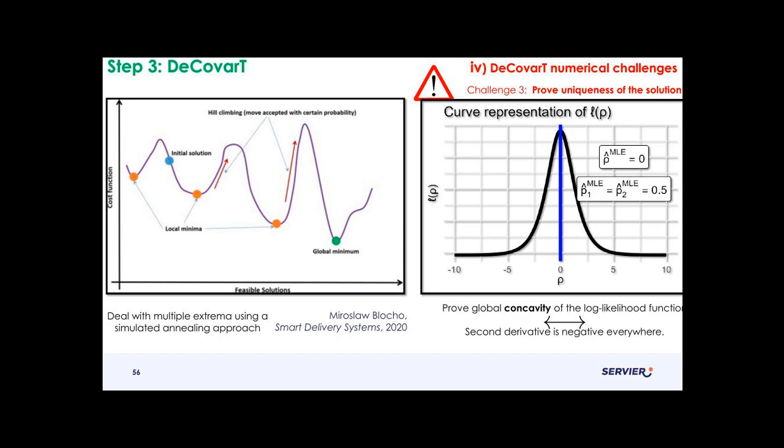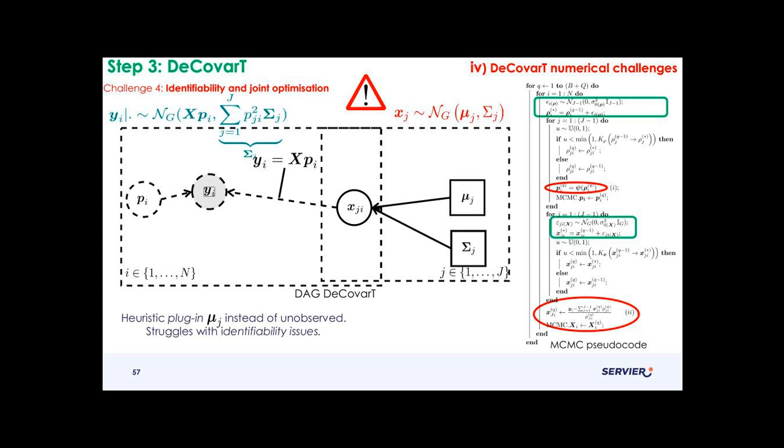Fourth challenge. The fourth challenge, which I quite overlooked at first and then realized is truly an issue, is that the cell-specific profiles in the individual sample are unobserved. In other words, what I have from other population-level profiles is the mean expression and the covariance matrix for each of my cell populations.